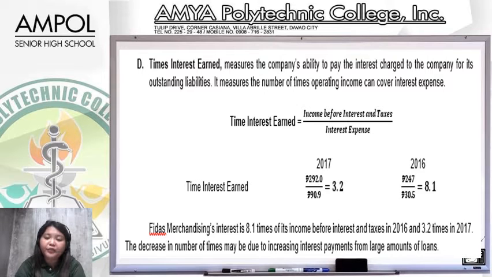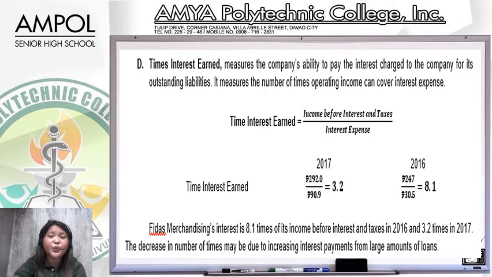So the formula for times interest earned is income before interest and taxes divided by the interest expense. So the merchandising interest is 8.1 times of its income before interest and taxes in 2016 and 3.2 times in 2017. So the decrease in number of times may be due to increasing interest payments from large amounts of loans.